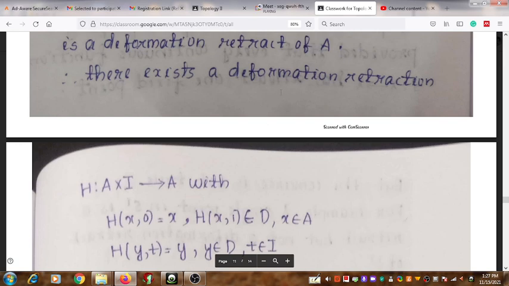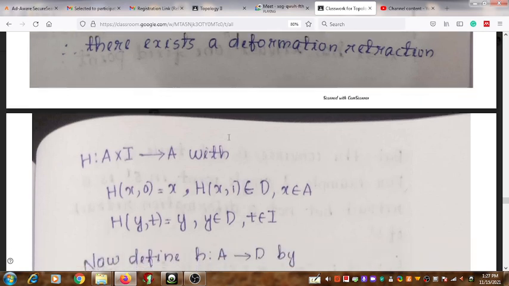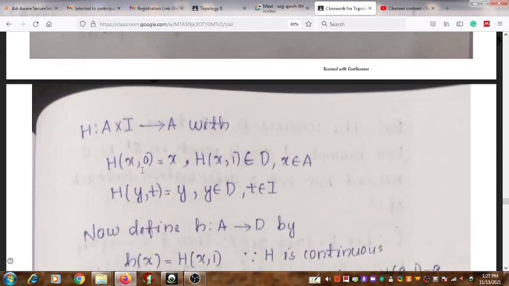We seek the help of that deformation retraction to establish that there exists a function which is a retraction.